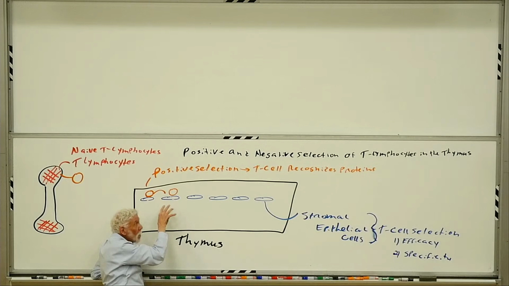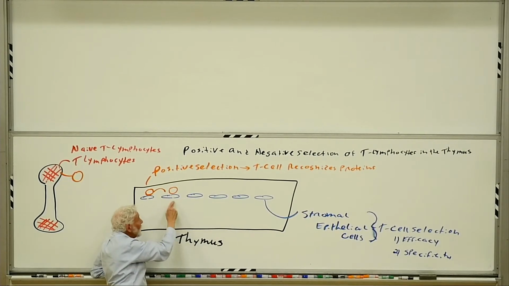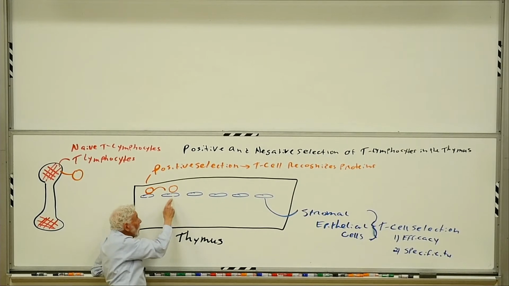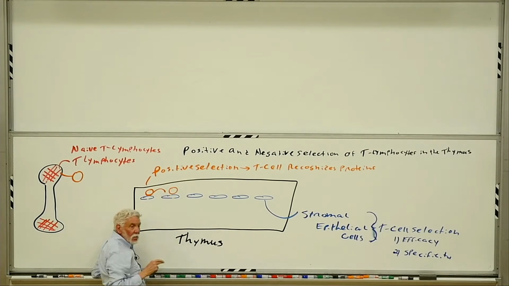So in fact, what's going to happen here is this T cell is going to be handed from one cell to the next, and each one of those cells is going to express a family of proteins. And if at any point this naive T cell recognizes one of those families of proteins, then growth factors are withdrawn and this cell dies.